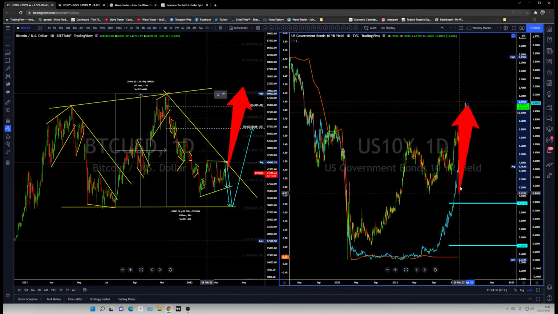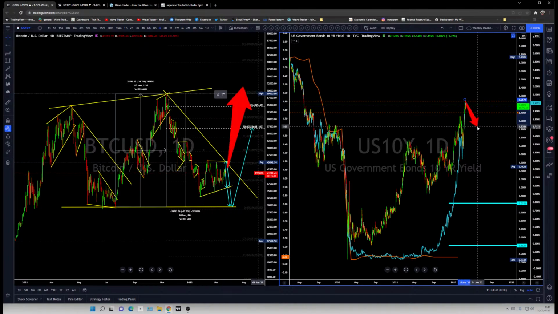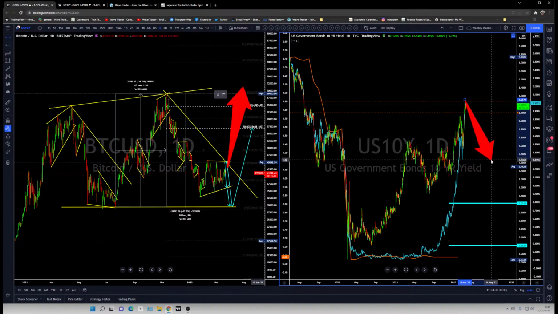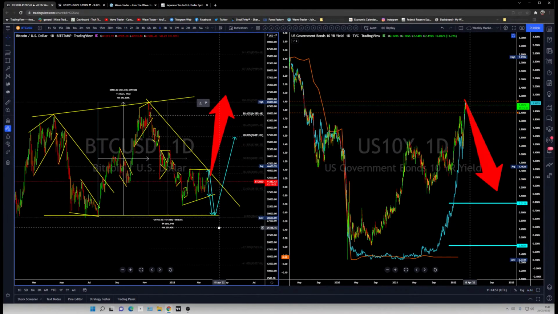Once they get ahead of that curve, then they're going to start giving some room to their policy again. Room means loose policy again. Then we may see the next run on that.